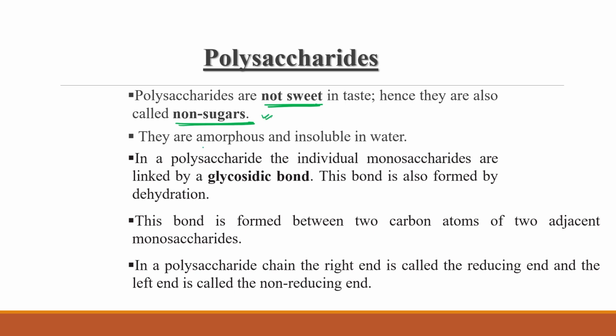right? They are amorphous in nature and insoluble in water, right? In a polysaccharide, the individual monosaccharides are linked together by glycosidic bonds. This bond is formed by dehydration. If this is one type of monosaccharide and another type of monosaccharide, after dehydration the bond formed between these two is known as a glycosidic bond.